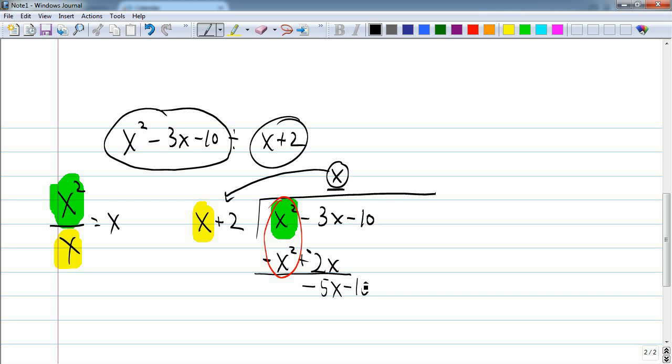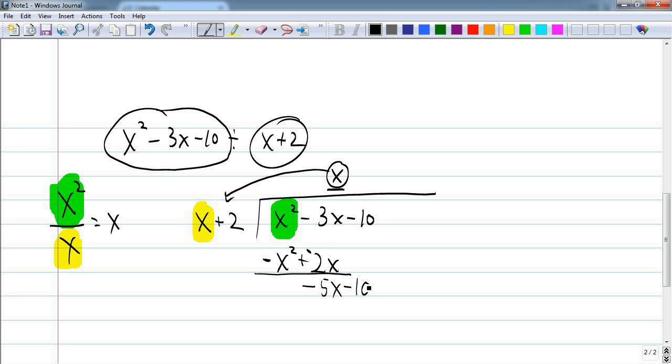So I divide the leading term of the divisor into the leading term of the dividend, write the result up here in the quotient. I distribute that number over the divisor, writing my result under the dividend, and then I subtract, or if you prefer, flip signs and add and drop down the next term.